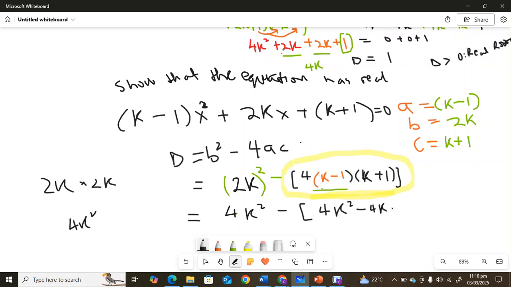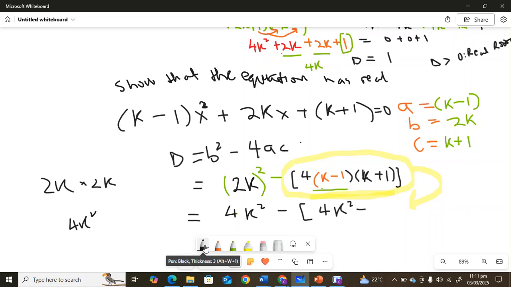Continue, sir. Okay, just give me the final answer, the final answer after you simplify. Okay, that's correct. I'm just saying when you expand this expression here, what did it simplify to?